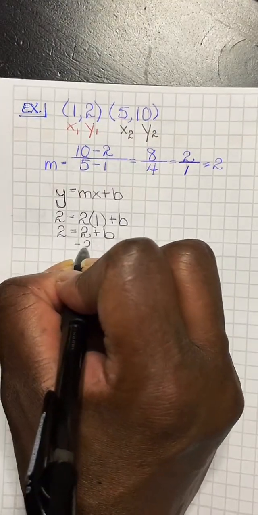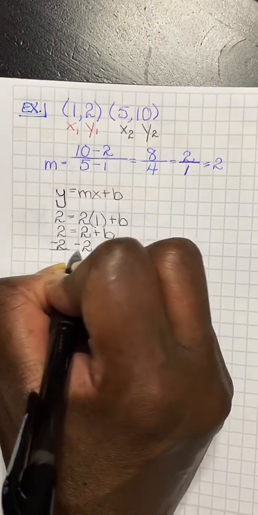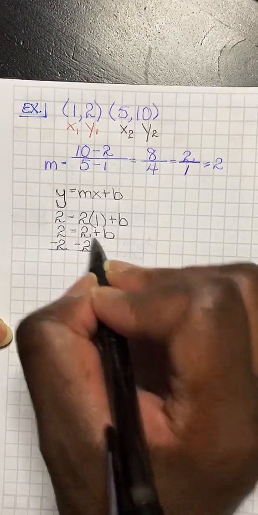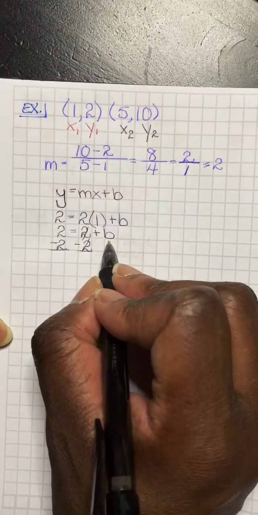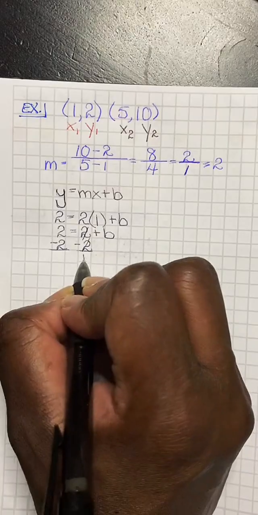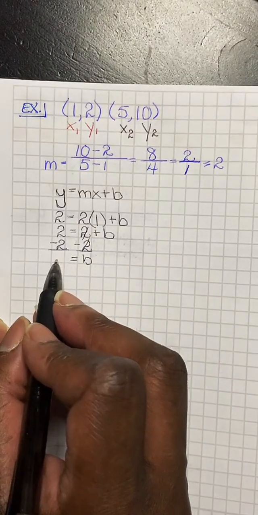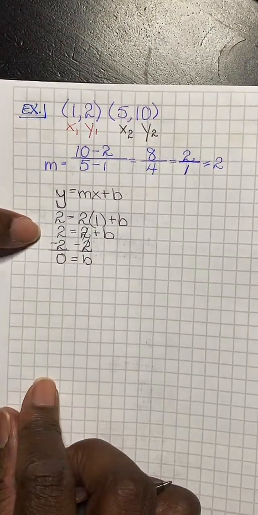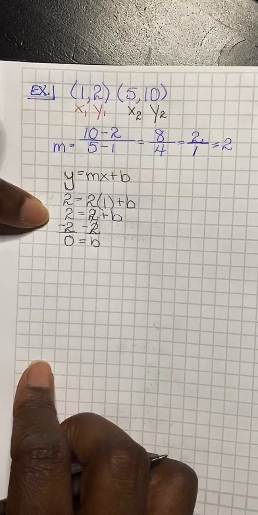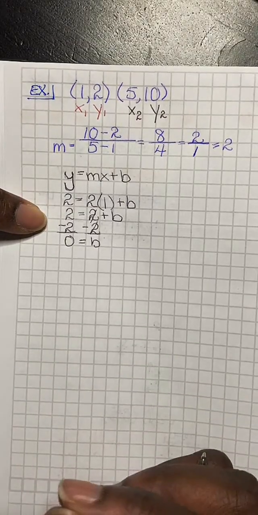Let's subtract 2 on both sides. 2 minus 2, that usually gives me 0, but I don't need to put the 0 because I still have my b here. But 2 minus 2 on the left-hand side, I need to put the 0 because I have nothing left on the left-hand side of that equation, and I need to put something down.